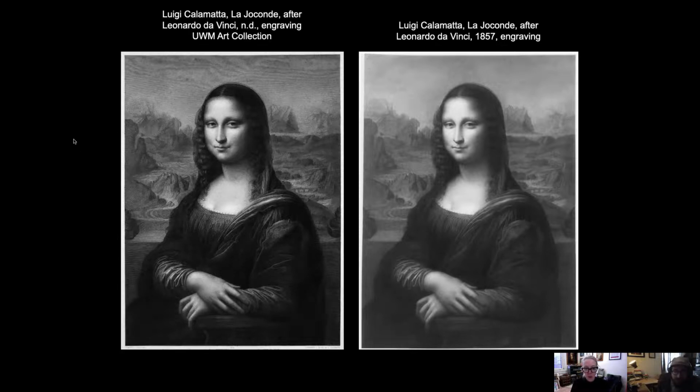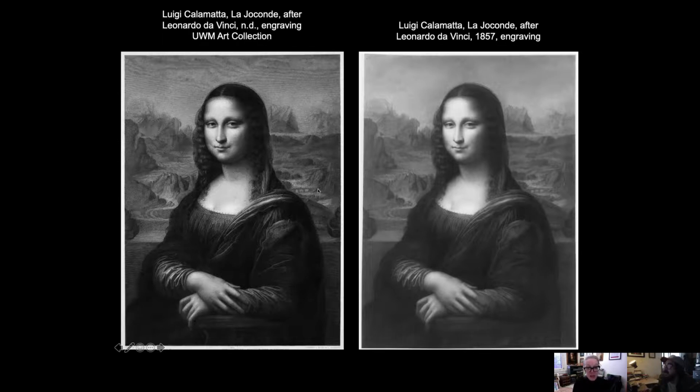It was not uncommon for very famous reproductive prints to be reproduced in unauthorized ways by other printmakers and publishers. So what I would not be surprised to find out is that this is a reproduction by some other printmaking workshop of Kalamata's reproduction of the Mona Lisa.